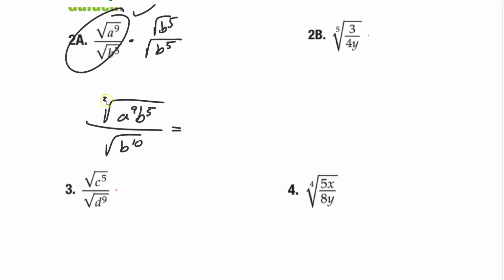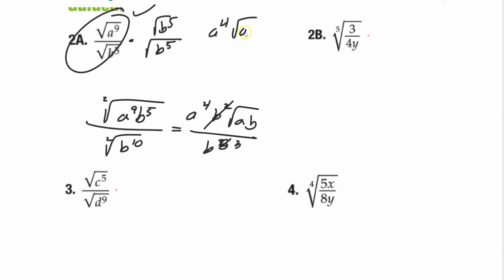Remember it's the 2. 9 divided by 2 is a to the 4th with a remainder of 1. 5 divided by 2 is b squared with a remainder of 1. On the bottom, 10 divided by 2 is b to the 5th. And these actually reduce. So my answer would actually be a to the 4th, ab, b cubed. So again, I'm actually fine with this, but that's the rationalized version.